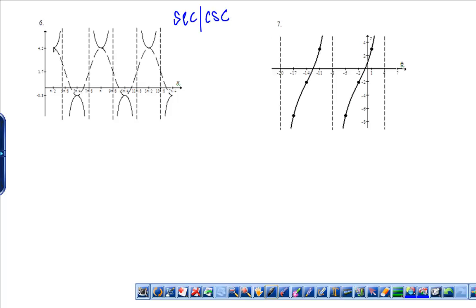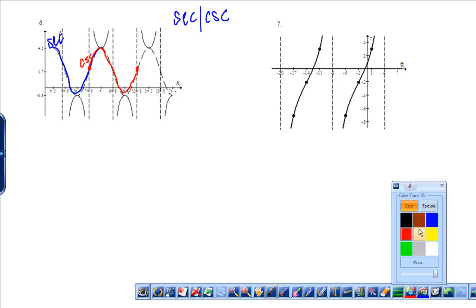If you start at the top and end at the top, remember that's a cosine or a secant graph. And then if you start at the middle, let me try a different color here. If you start at the middle, how about this one, and end back at the middle, that's a sine or a cosecant graph. Just to remind you of those.